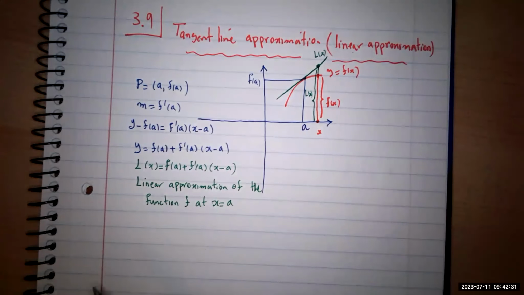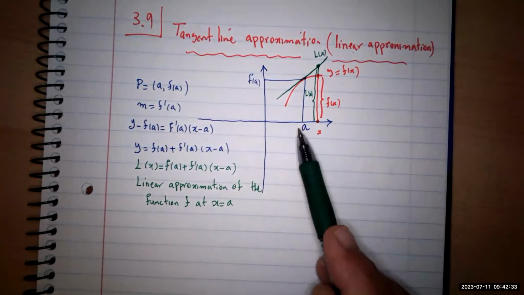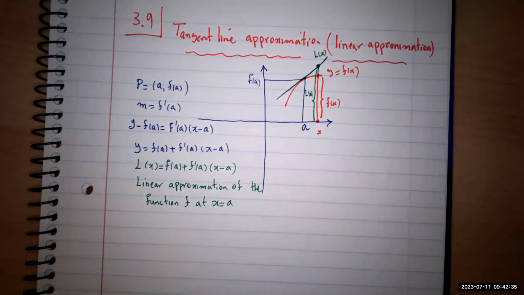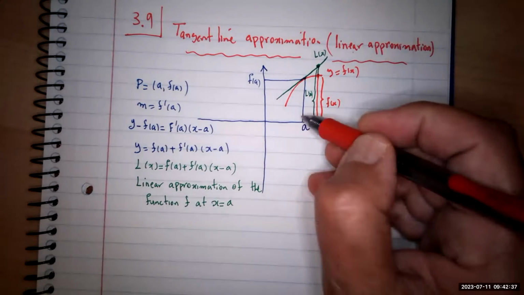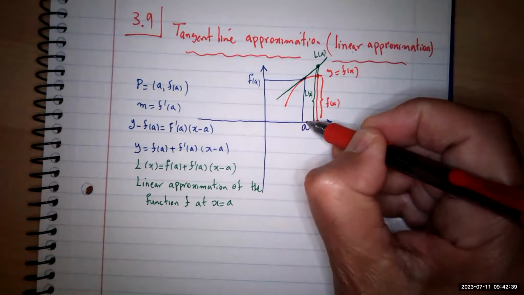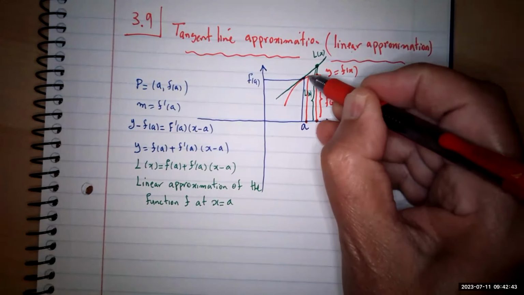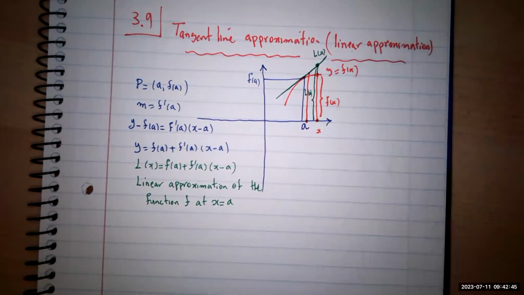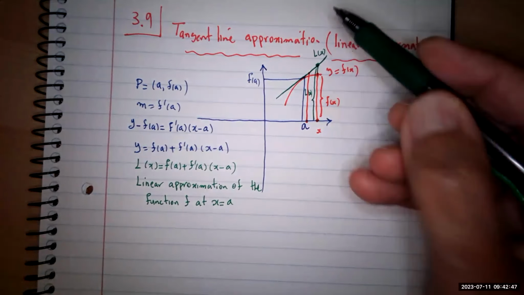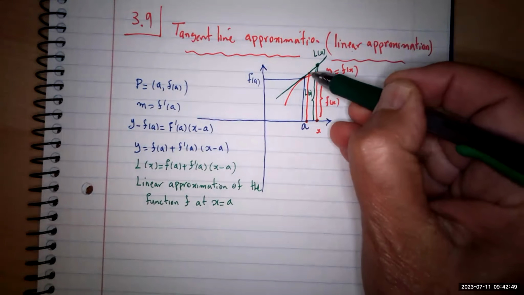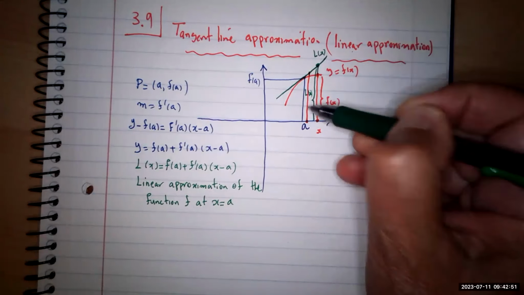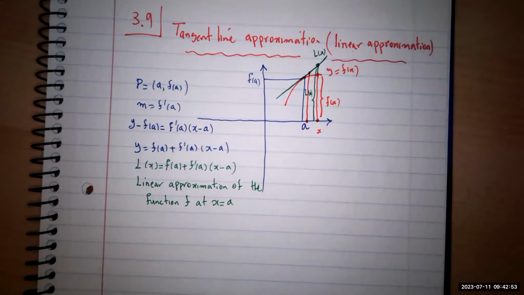So what this is giving you is that if you move the x closer to the a, if you bring the x here, you see the difference between that red part and that green part are getting closer and closer to each other.